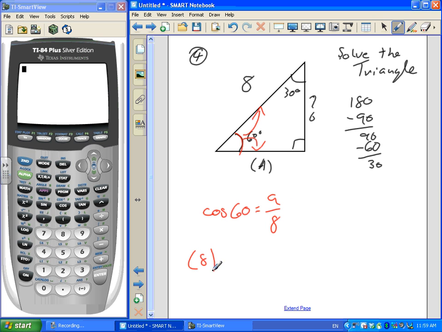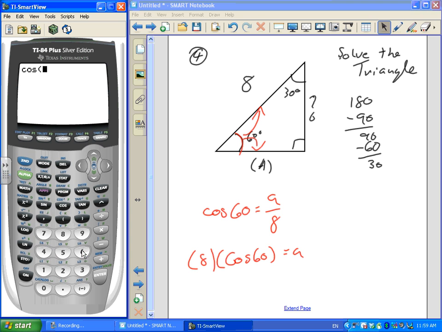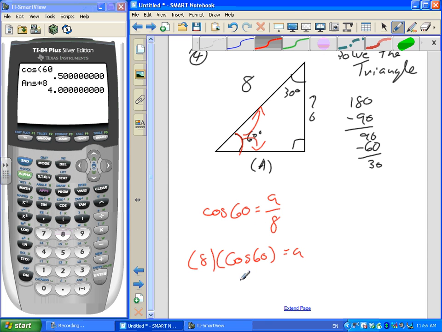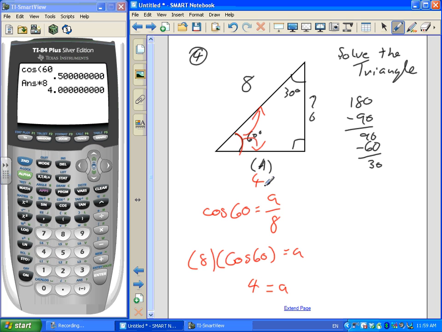I bring the 8 over and multiply it by cos 60. Cos 60 times 8 equals 4. Yeah, you could have done it in one step. So this side is 4 meters long.